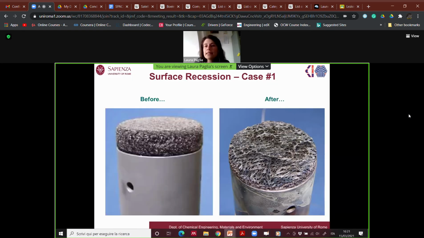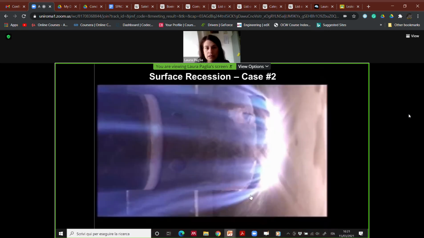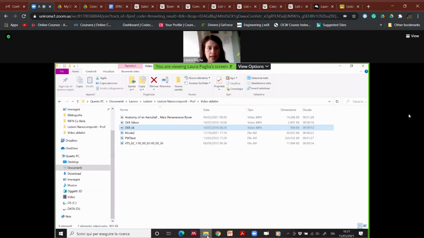Okay, this is the sample before and after testing. Okay. The recession was quite homogeneous. Then we performed the test at higher heating flux.